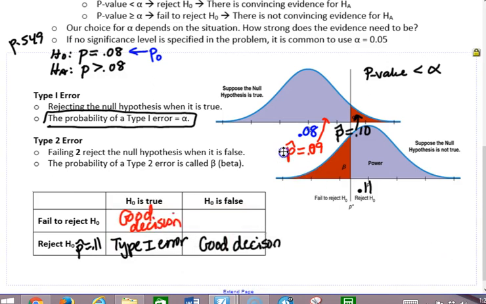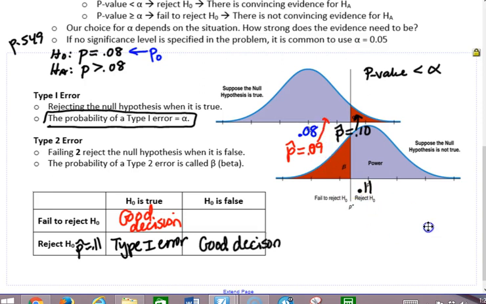But I could have also gotten a p hat of 0.09 from this distribution where the true population proportion is really 11%. In that case, I would have made a mistake. I would have said, hey, I've really got a sample with 9% blemishes in this truckload of potatoes where it was really 11% blemishes, and I failed to reject the null hypothesis.